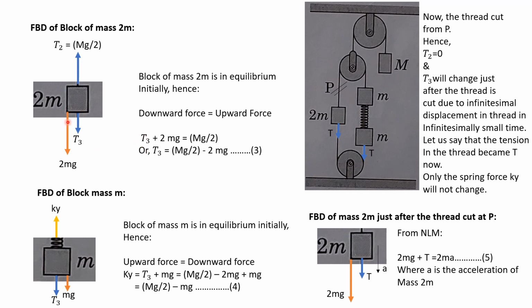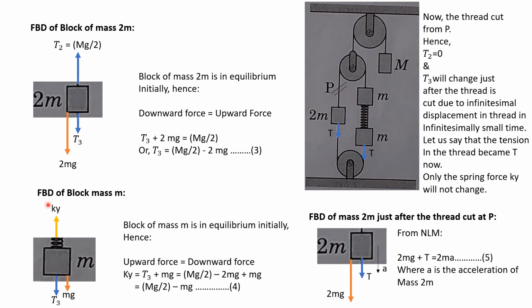And weight of it will be acting downward, that is 2mg. This also does not have any acceleration. So downward force will be equal to the upward force, right? So T3 plus 2mg is equal to T2, which is equal to Mg by 2. Okay, so T3 will be equal to capital Mg by 2 minus 2mg. And let us say this equation as number 3.